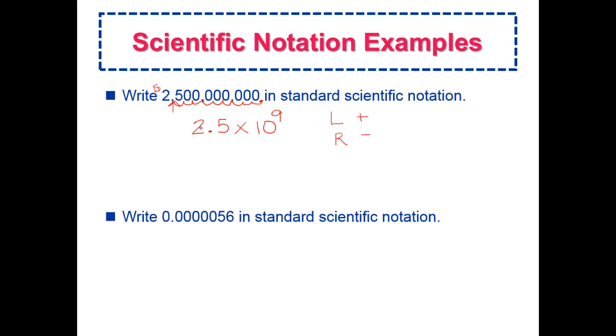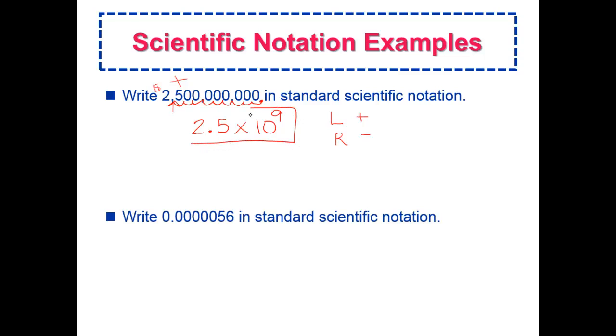That would be a positive thing. So this is going to be a positive exponent. That helps me remember that this is positive. That's something to help keep things straight, because this whole left is positive, right is negative thing gets me confused. I try to keep things simple. So this would be your answer, 2.5 times 10 to the ninth.